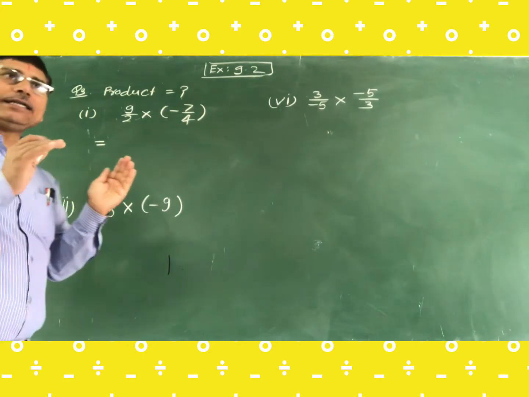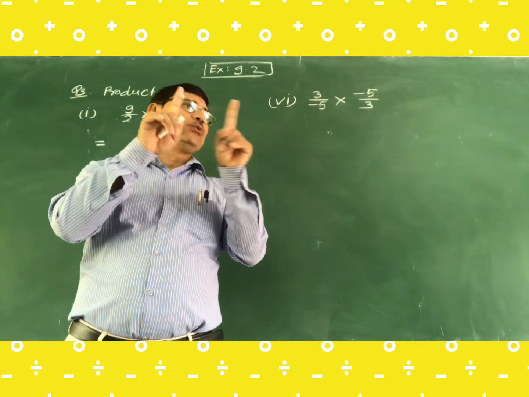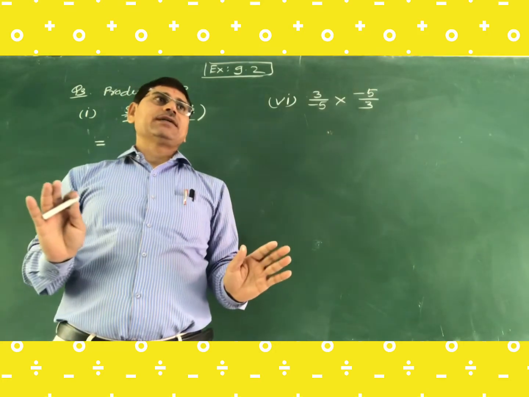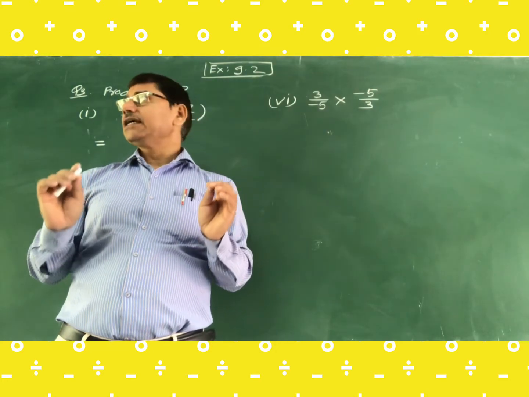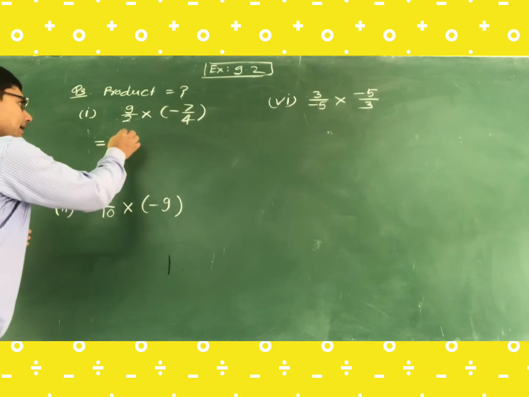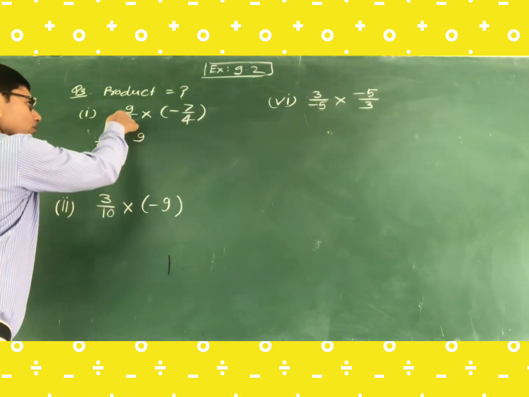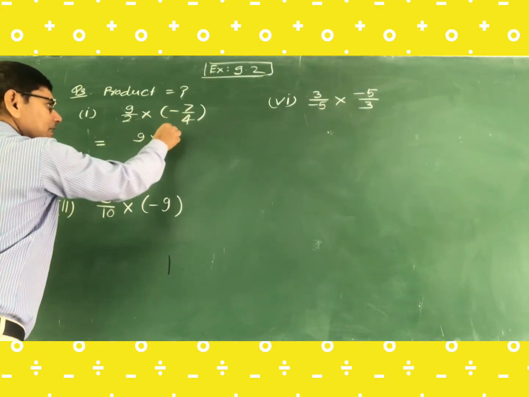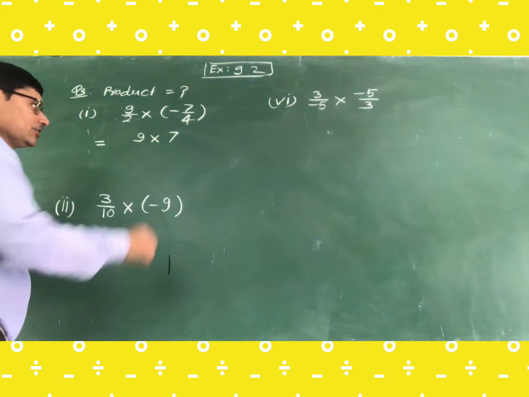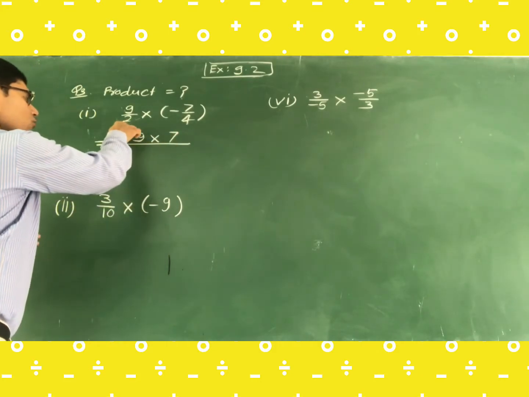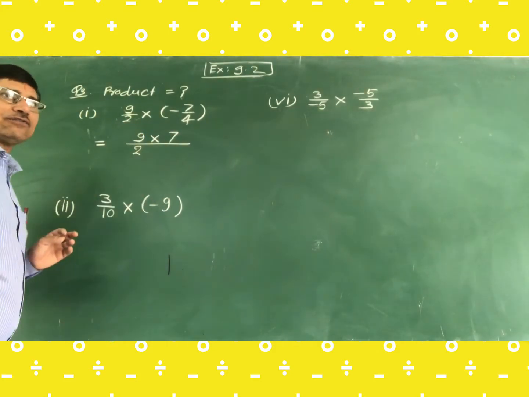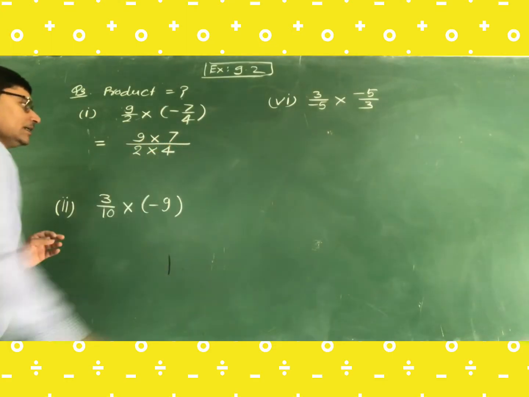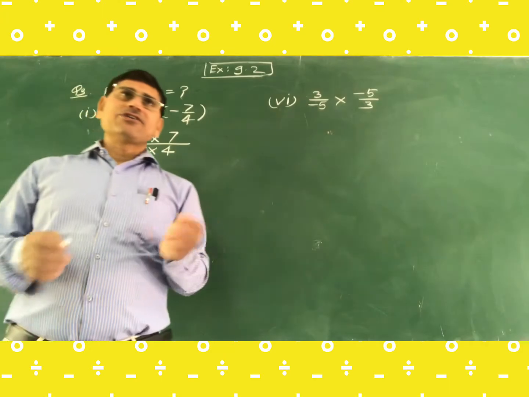We will multiply numerator to numerator and denominator to denominator without changing anything. So dear, we will write 9, the numerator of the first rational number, and 7, the numerator of the second rational number, divided by 2, the denominator of the first rational number, and into 4, the denominator of the second rational number.